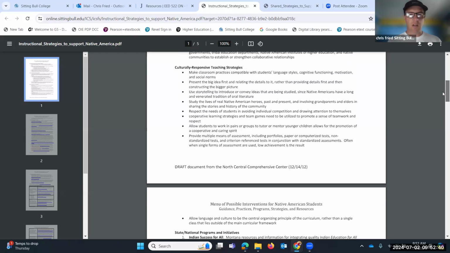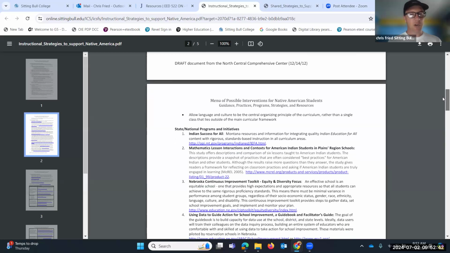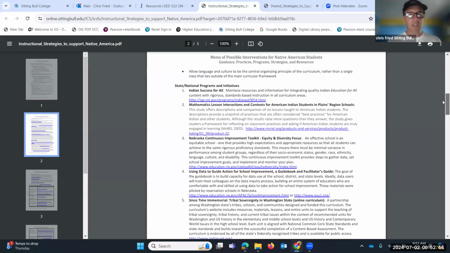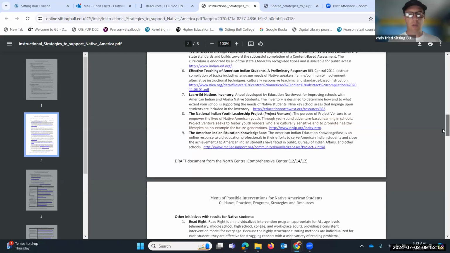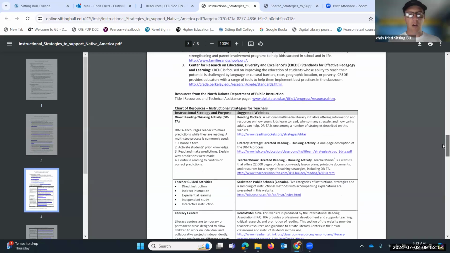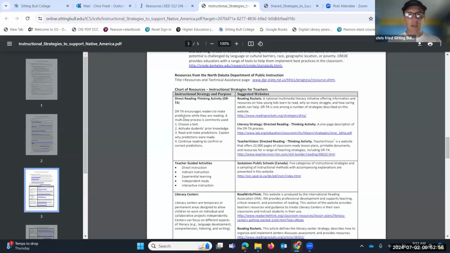There are not necessarily North Dakota specific examples, but they do have some resources connected to other programs as well. Again, here are different strategies, such as direct reading and thinking activity. In the book, it talks about direct instruction, so there's maybe some overlap between some of the strategies in these resources and in the book, but that is okay.